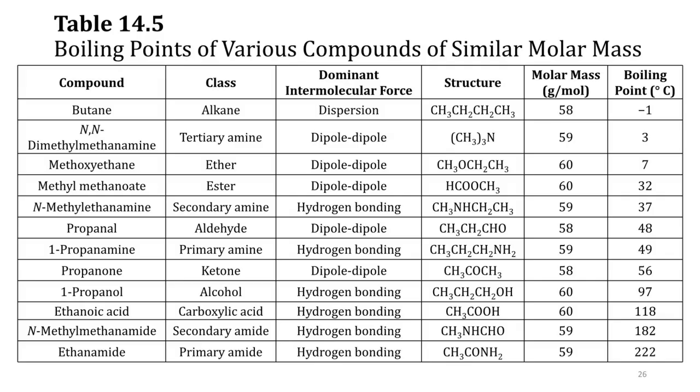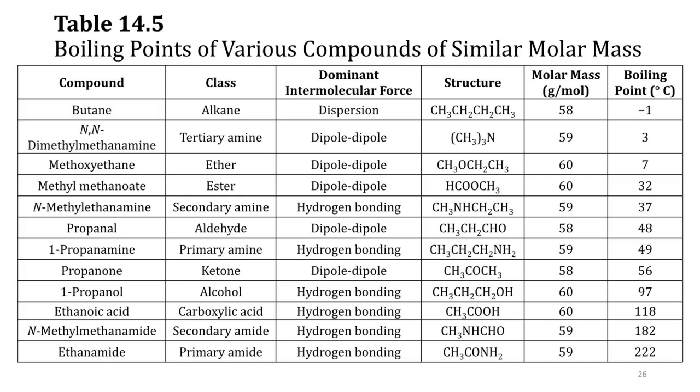So here's a list of a series of molecules that have very similar molar masses, and we go from the weakest intermolecular force, which has the lowest boiling point at the top, that is butane, working our way to the bottom. So N,N-dimethylmethanamine, here we can see this structure is a tertiary amine, and this has a low boiling point. No hydrogen bonding, just dipolar forces.